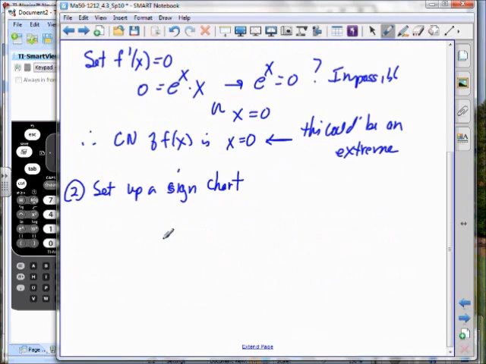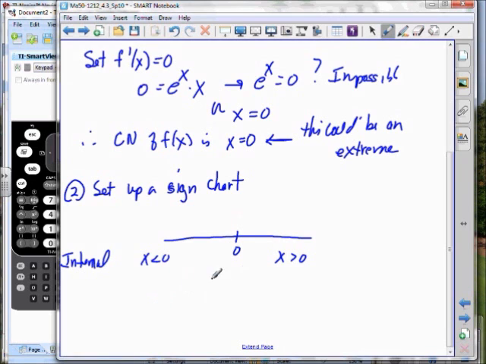So if I look at a number line and I place 0 here, I've got numbers less than 0 and numbers greater than 0. So we're going to look at intervals. We have inputs that are less than 0, and inputs that are greater than 0. I know that at 0, something special happens.